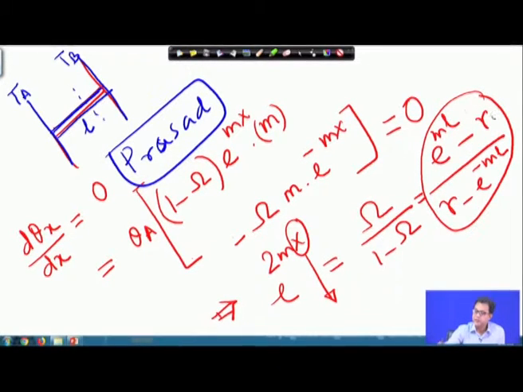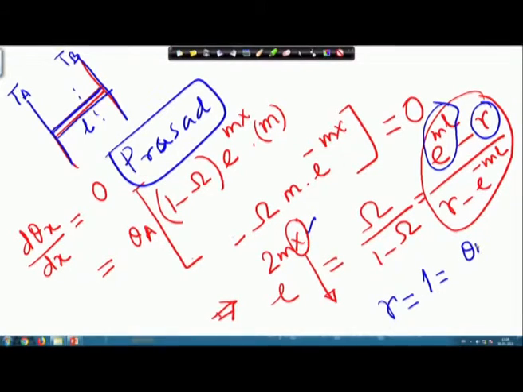as you can understand, this r and e to the power m L, that ratio will determine where exactly this x is getting located. Particularly if we say that r is equal to 1, that is equal to theta b by theta a, that is what is r, and that means theta b is equal to theta a, you will find that this x is coming exactly at L by 2.